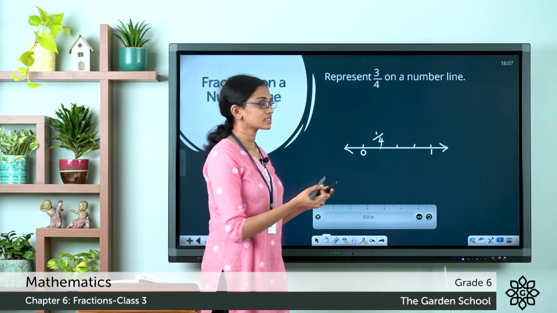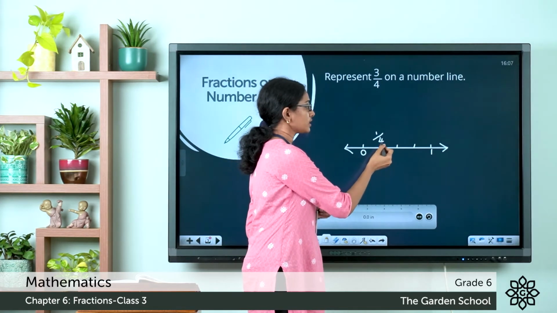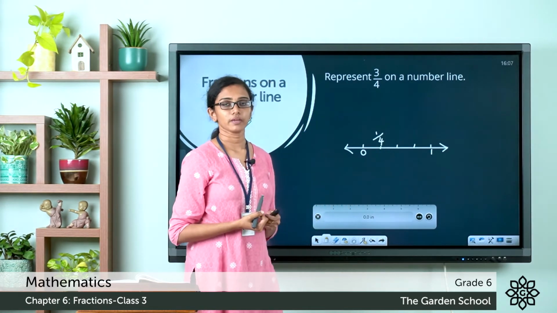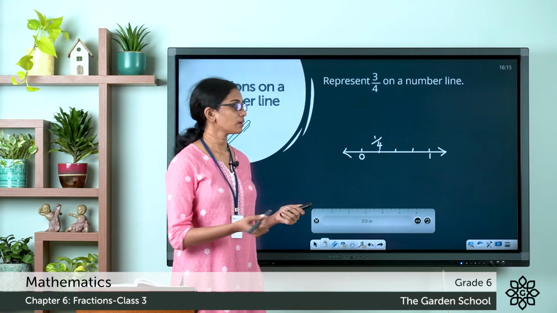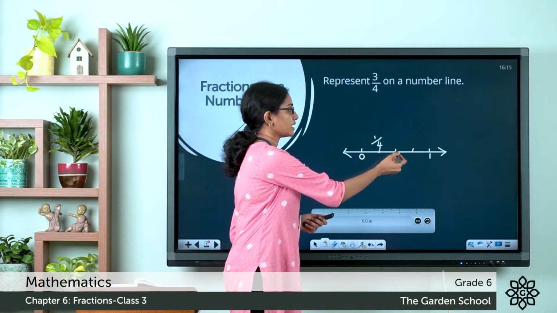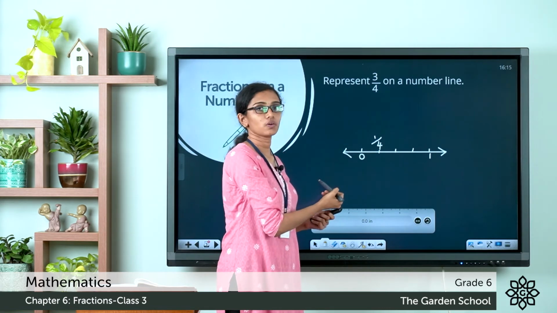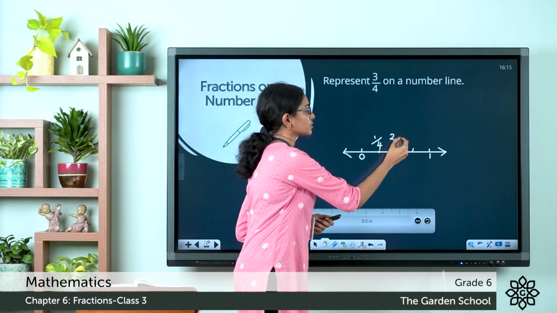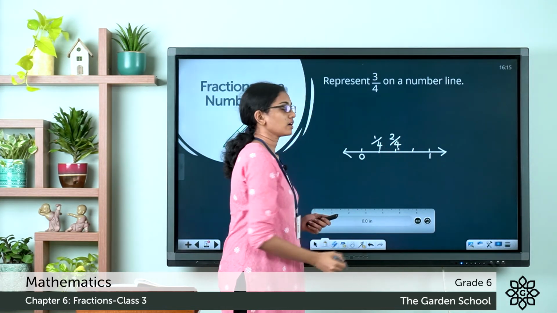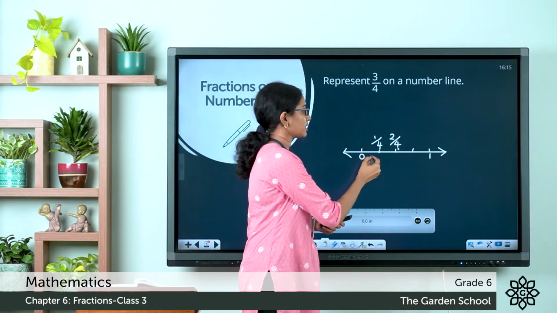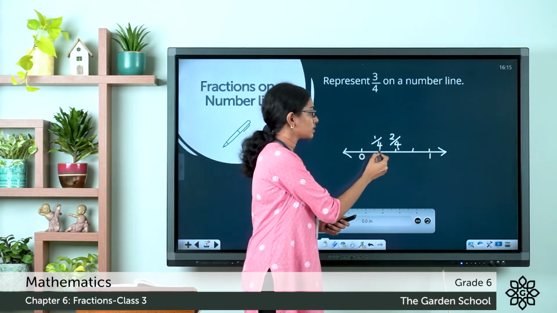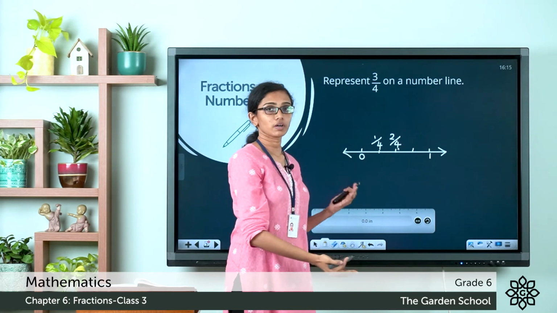So, if you take the distance from 0 to this point, it will be the fraction 1 by 4. If we take the distance from the point 0 till here, that would be this 1 by 4 plus 1 by 4. So, that would be a total of 2 by 4. Now, again, from here till here it is 1 by 4. From here till here it is again 1 by 4.